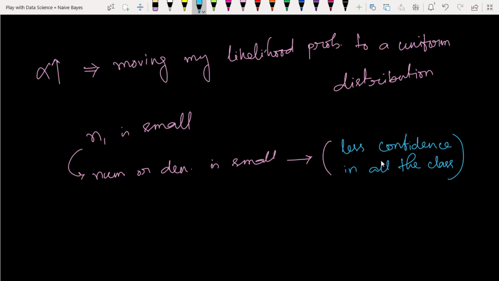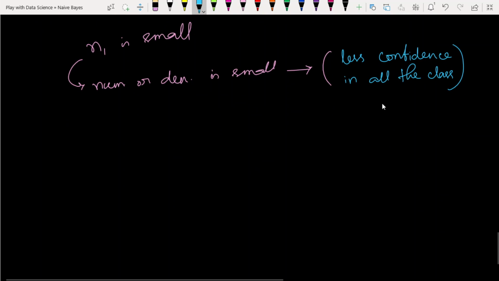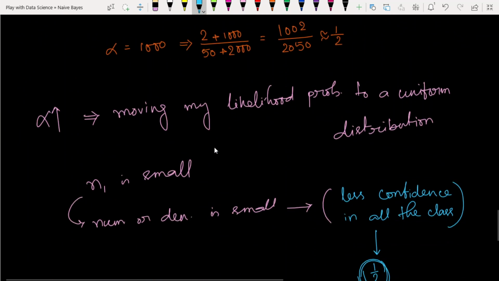Less confidence means we take the sample probability as half. Okay, you can easily see that.